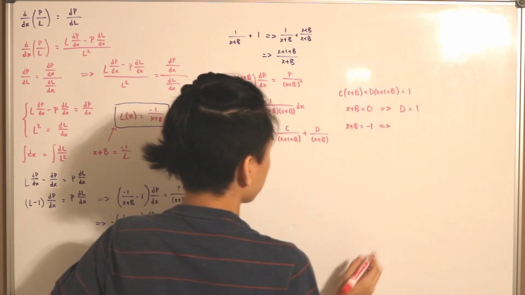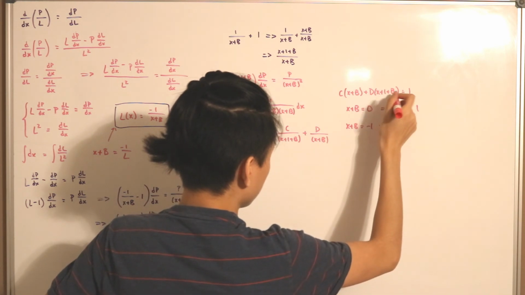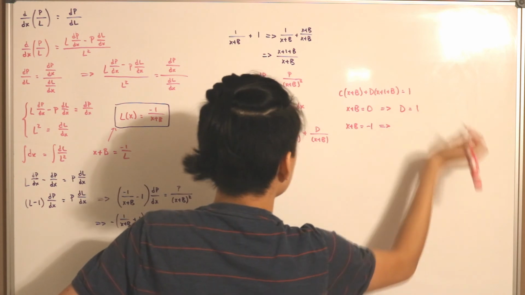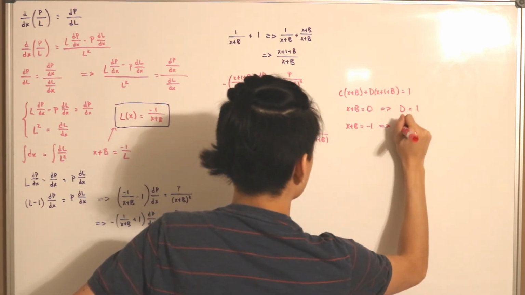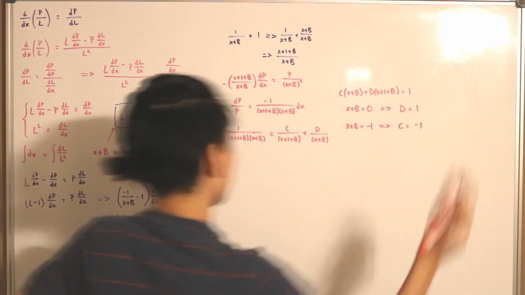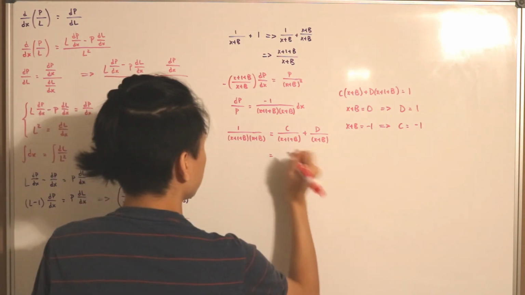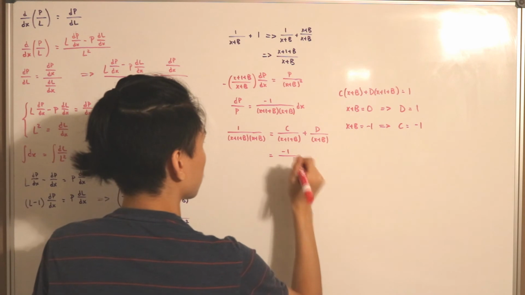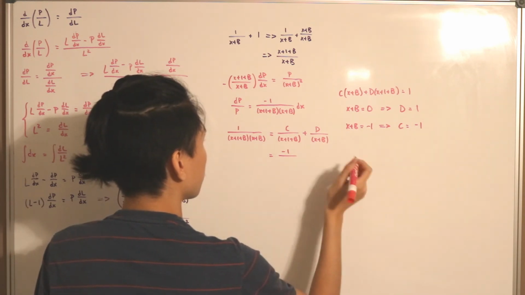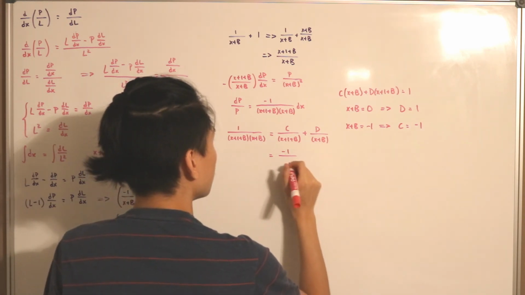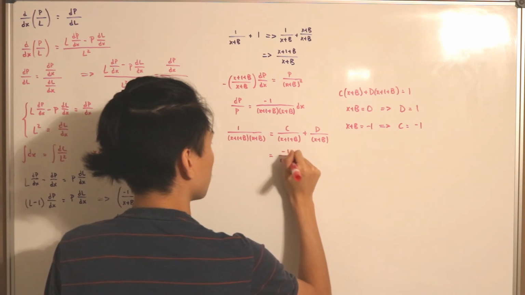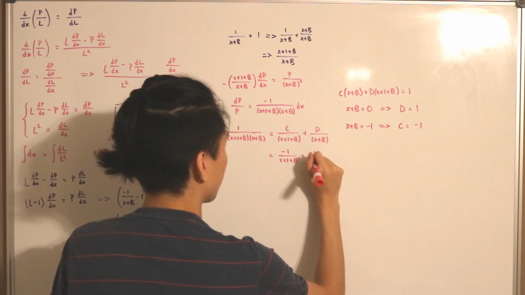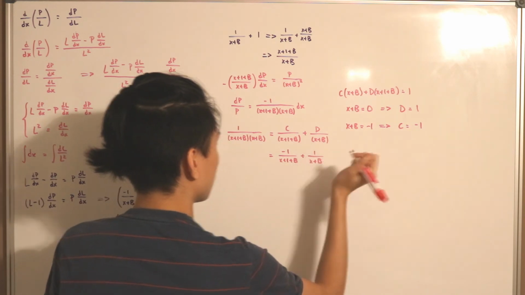So x plus b plus 1 is 0, and this is negative c is equal to 1, so dividing by -1 on both sides, we get that c is equal to -1. Okay, cool. So now we have -1 over x plus 1 plus b, then plus 1 divided by x plus b.